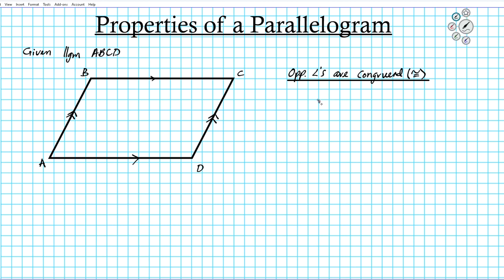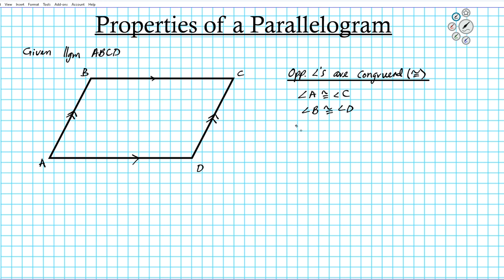Well, we can write down the fact that angle A is congruent to angle C, and angle B is congruent to angle D because they are opposite angles. Don't forget, opposite angles are angles that are across each other.